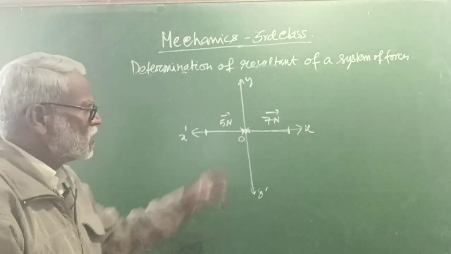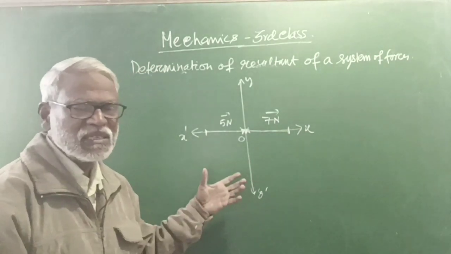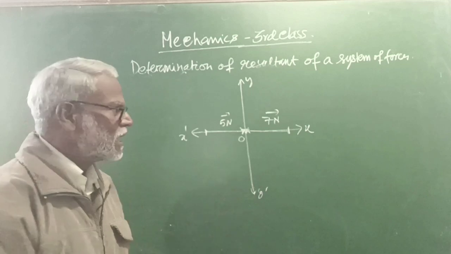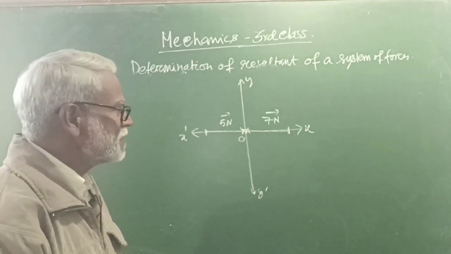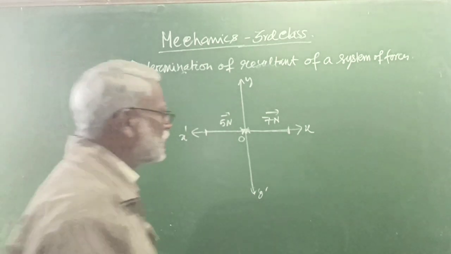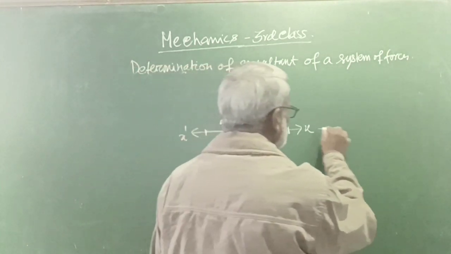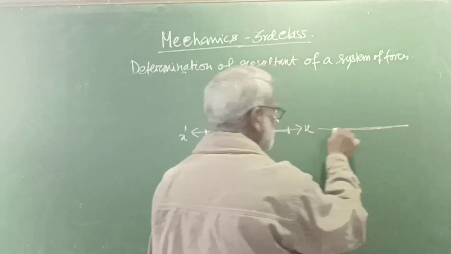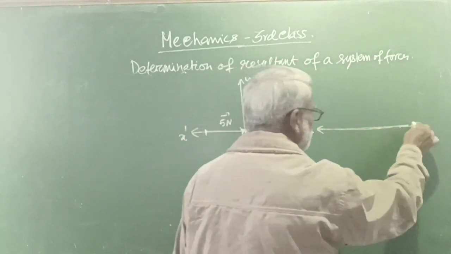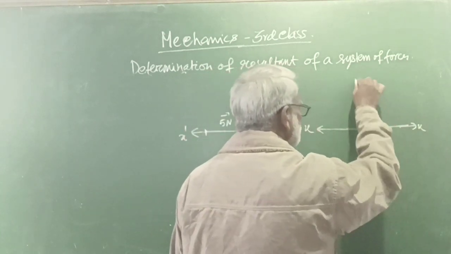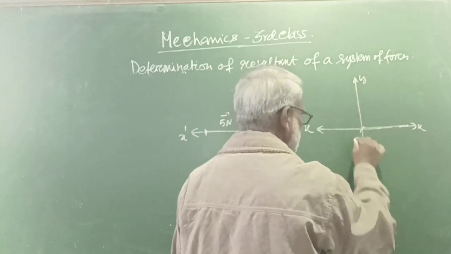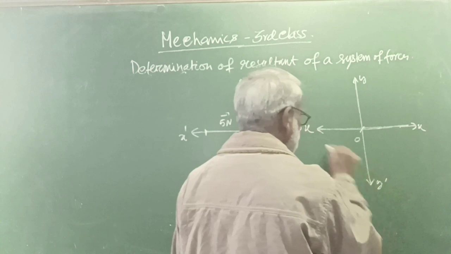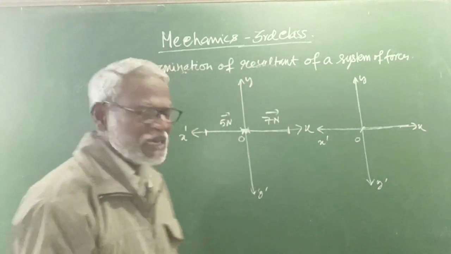So now we can change this situation to another situation. So how that can be done? Now you see again this is our x-axis and this one is our y-axis.